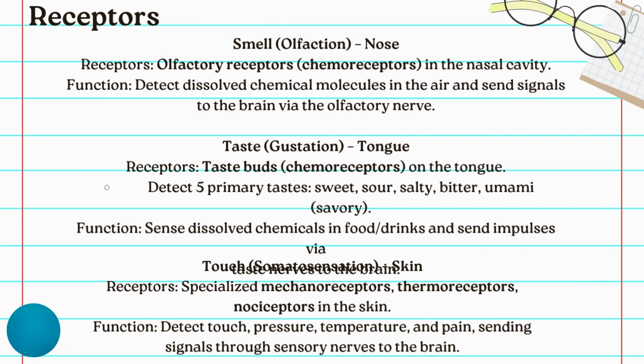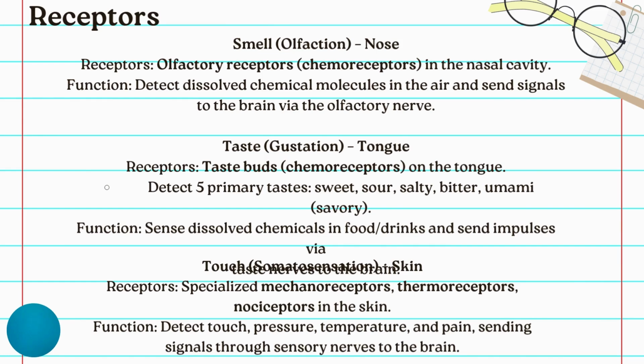And then lastly, we have touch. On your skin, there are 3 different types of receptors. There are mechanical receptors, which pick up pressure, either you're being pulled or pushed. And there are thermoreceptors, which pick up temperature. Either it's too hot, and you feel the need to take off your jacket, or you're feeling chilly, and you put on your jacket.